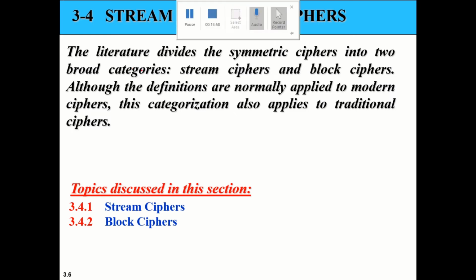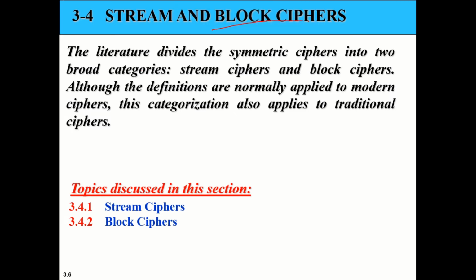And whenever we use a stream of key, or we deal with individual characters of the plain text using the stream of key, in that stream the value of key could be the same or different, but we deal with each character in the plain text separately. Those kinds of ciphers are stream ciphers. These are the broad categories of the symmetric ciphers.